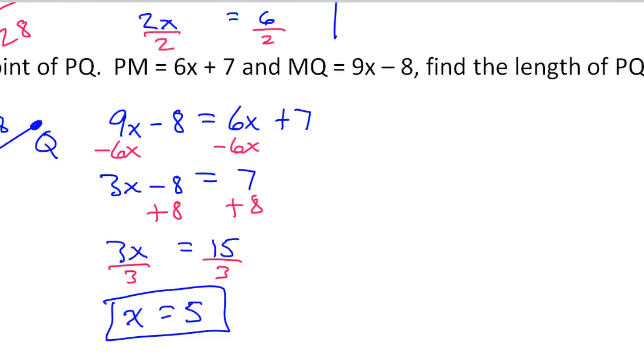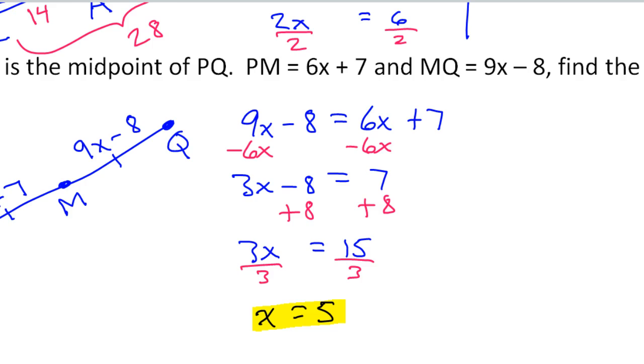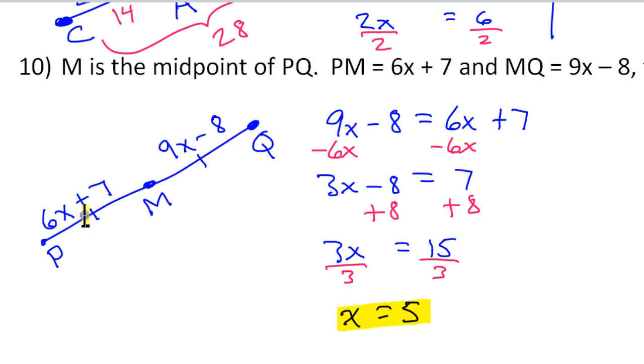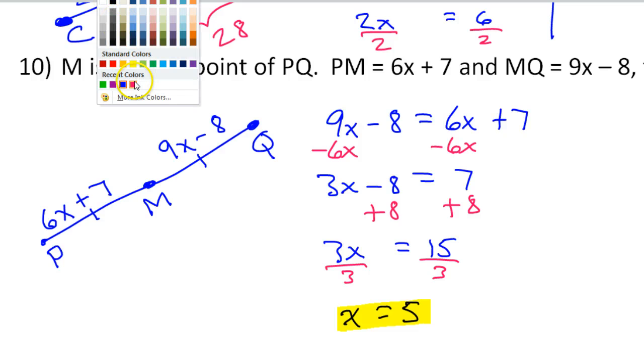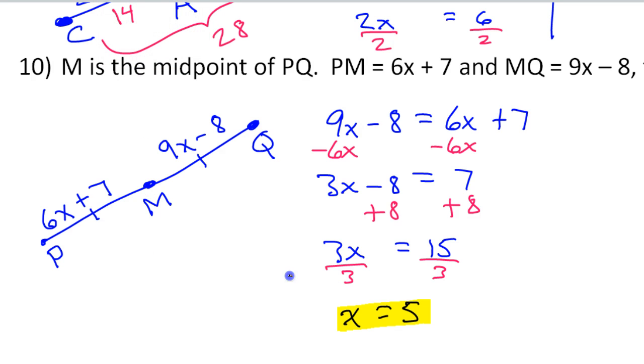So we're supposed to find, well, I probably shouldn't even put a box around that. They didn't actually ask us to find x this time. But we need it to find PQ. So PQ is the whole thing. If we substitute in the 5, then this becomes 6 times 5 plus 7.